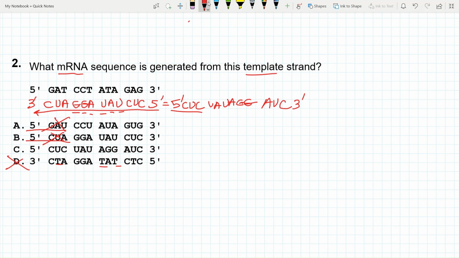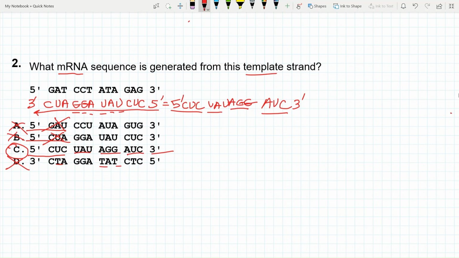The third one has 5 prime CUC, then we have our UAU, then AGG, and then AUC, and then 3 prime. So C is the correct answer. Feel free to pause or rewind to make sure that you understand how we got C.